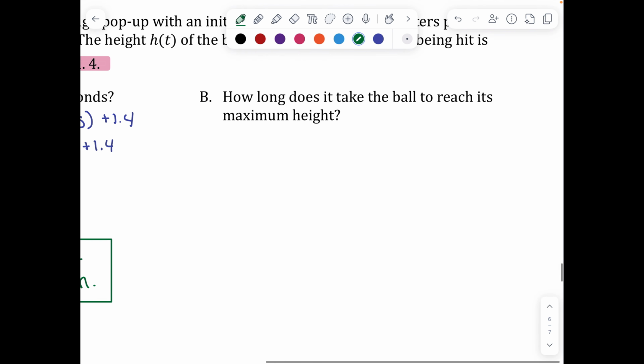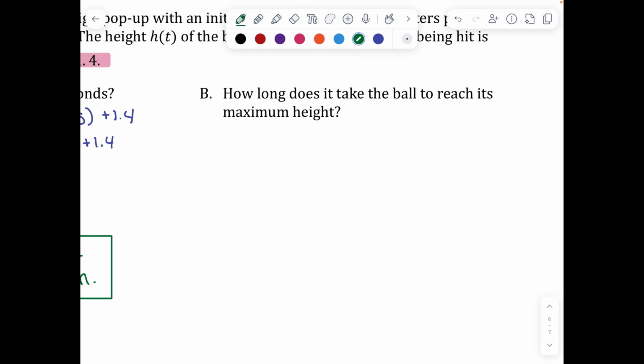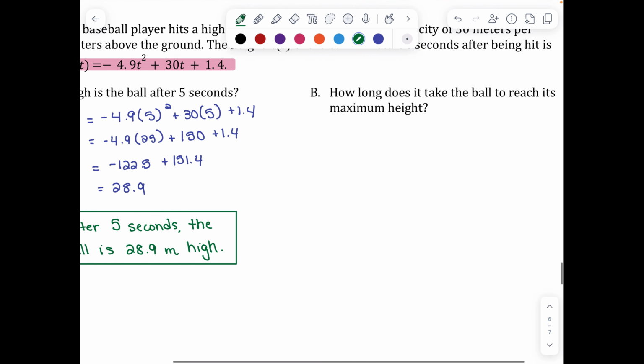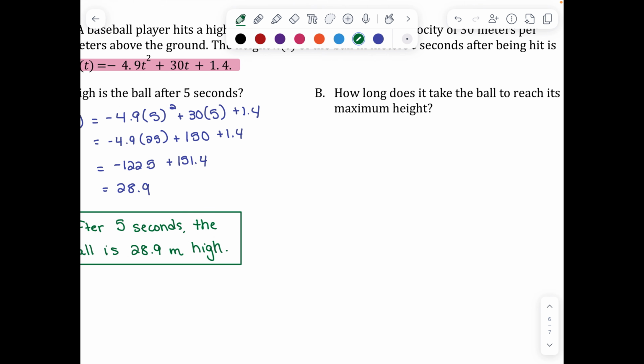So now we want to see how long does it take the ball to reach its maximum height. So anytime we're asked to find maximum, we're just looking to find the vertex. So we'll say t equals negative b over 2 times a. So t equals, so negative b, so negative 30 over 2 times a is negative 4.9.